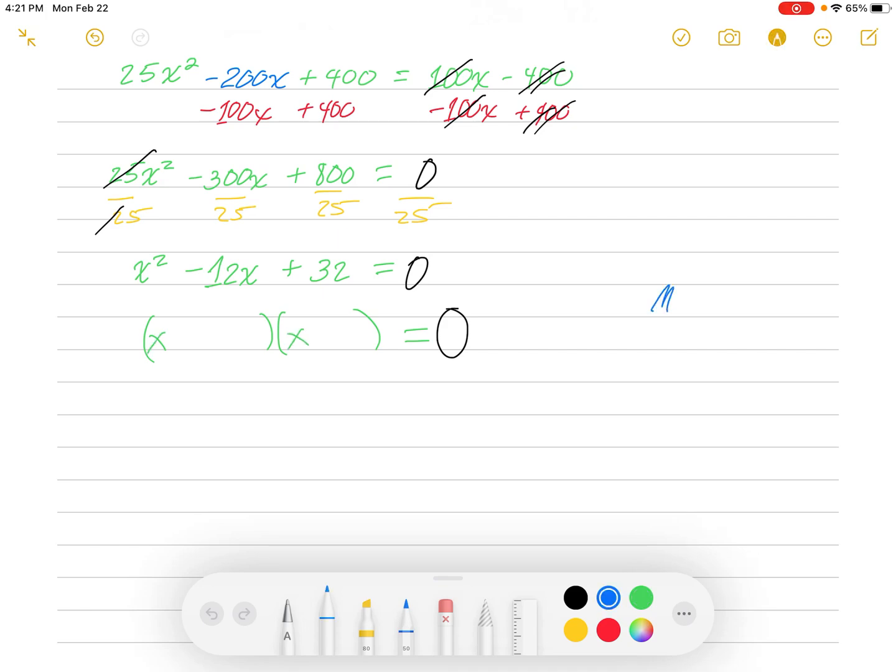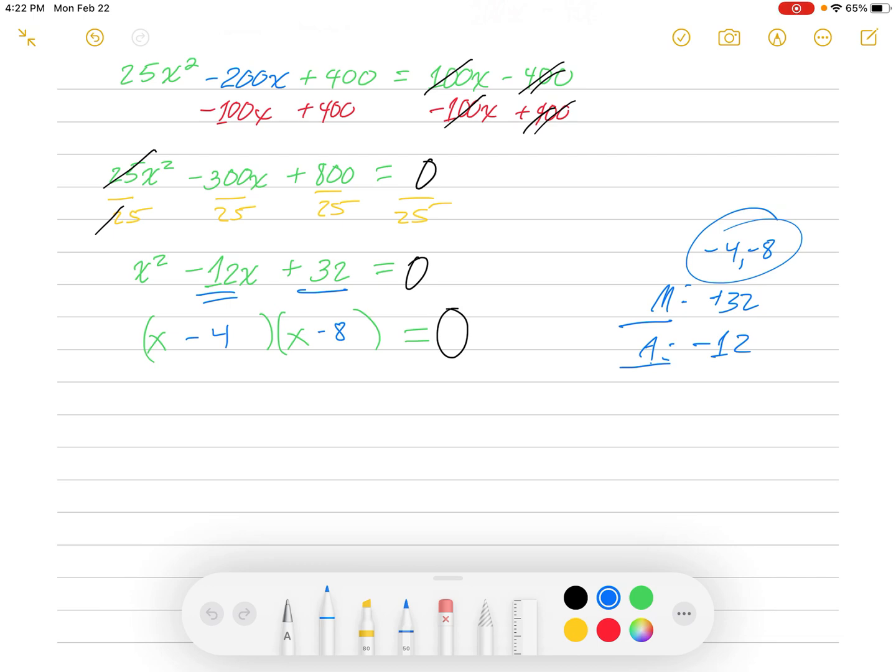And then I'm going to find 2 numbers that multiply to give 32 and add to give minus 12. You'll come up with two numbers like minus 4 and minus 8, right? Minus 4 times minus 8 multiply to give 32 and add to give minus 12. So I'm going to have x minus 4 and x minus 8.